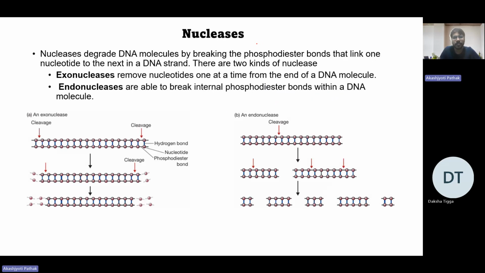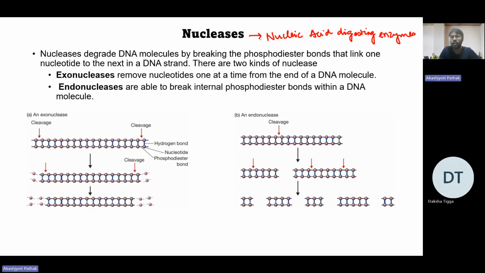So nucleases are what? Nucleases means they are nucleic acid digesting enzymes basically, isn't it? So these are nucleic acid digesting enzymes. We all know that these are hydrolases, they come under the hydrolase class of enzymes.